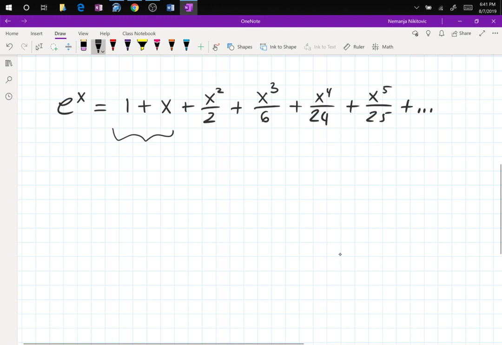I'm going to add another term because I can. Copy. This is going to be the black line, and I'm going to add plus x to the 4th divided by 24. Oh, guys, I have the wrong number. Yeah, all right, that's fine.